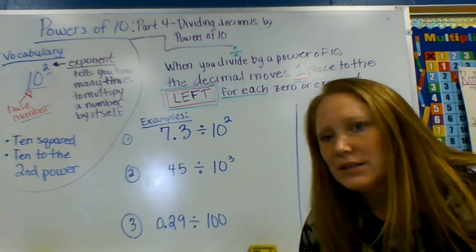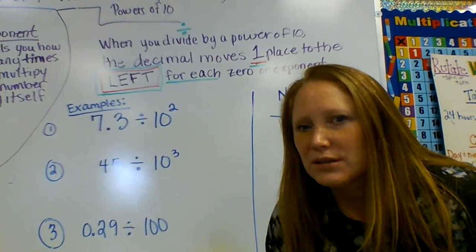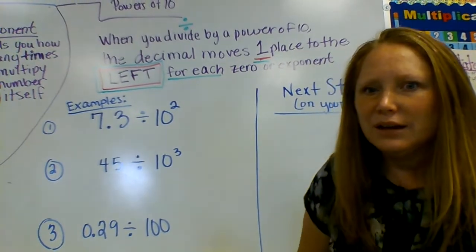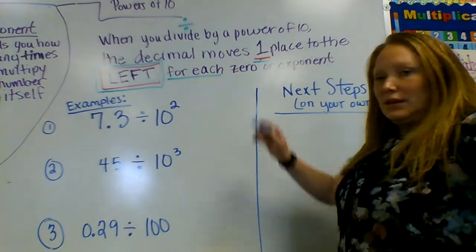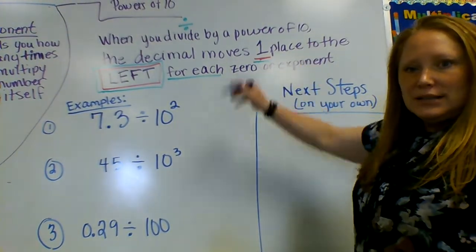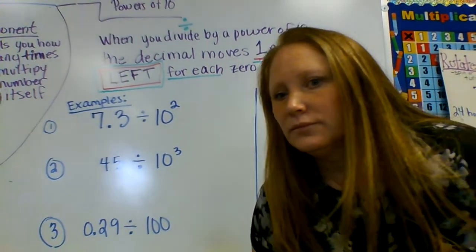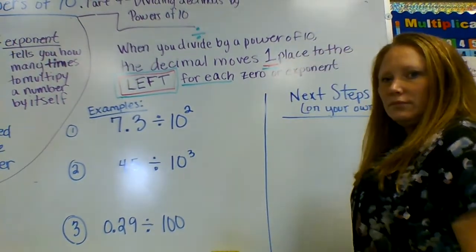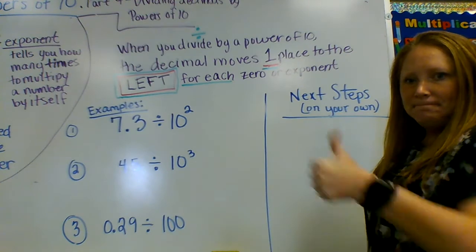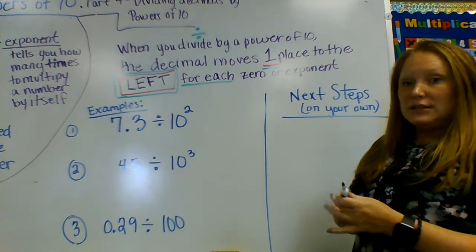So go ahead and write that down for me real quick. I'm going to move this so you can see a little better. Go ahead and pause it. Okay, good job. Now, let's look at some of the examples.